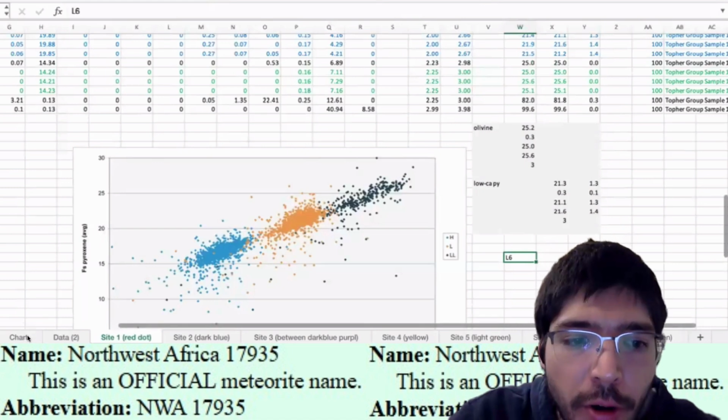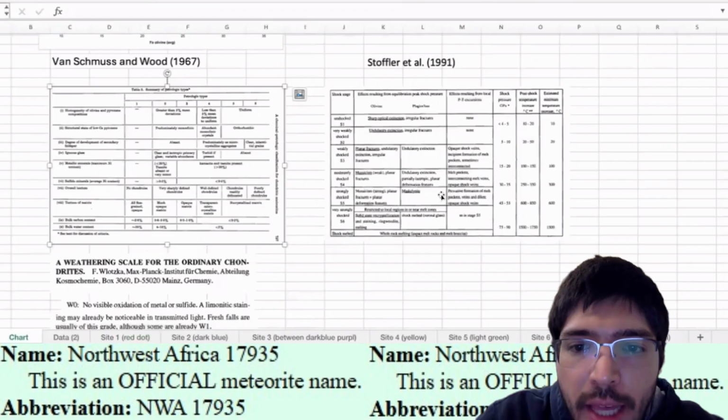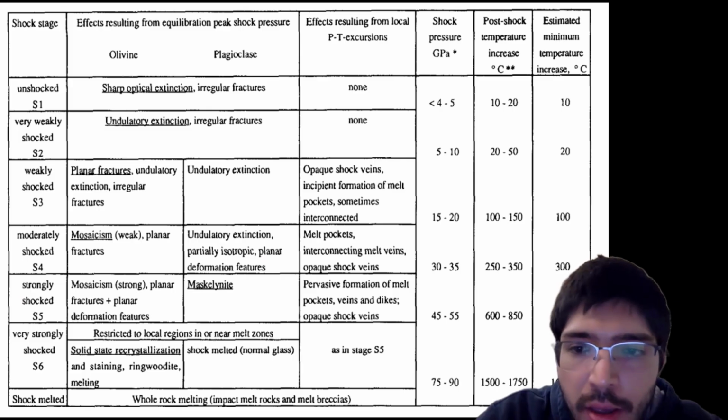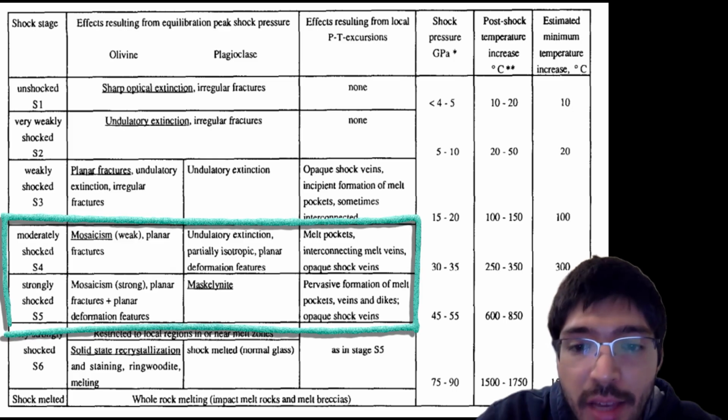And regarding the shock stage and weathering grade, one of the key things to know about this Stöffler et al. scheme is that you primarily are looking at thin sections in cross-polarized light using a petrographic microscope. So I looked at the sample, and there are a lot of melt veins in the sample, right?